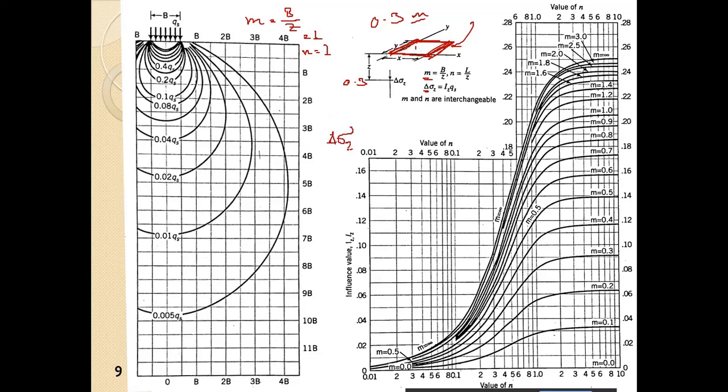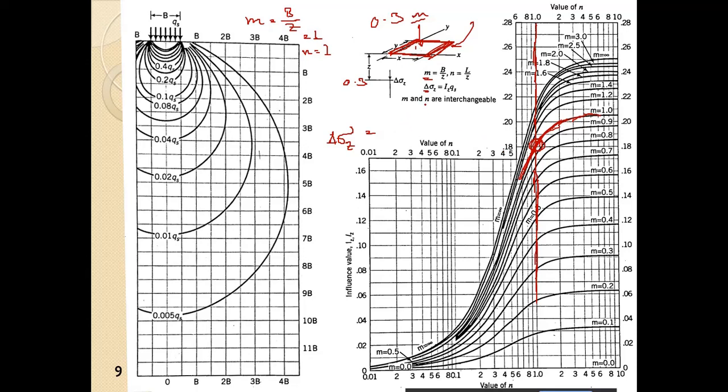What is the increase in the stress, delta sigma z? That is given by Iz, which is the influence factor, into Qs, which is the stress applied here. Here n is equal to 1 and m is equal to 1, so this is the intersection point.